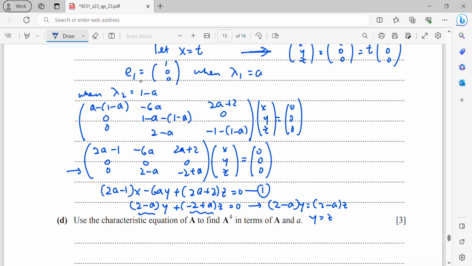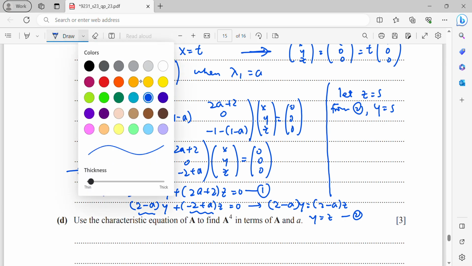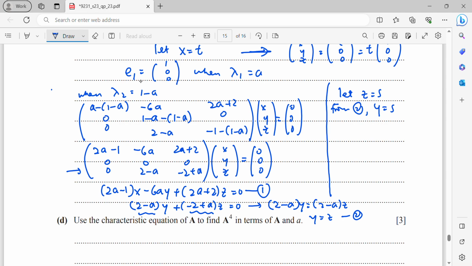Then now I continue this side. So now I will let my z be s. Then this is my second equation. Then from the second equation, my y is s as well. Okay, then from here I can find my x. So substitute into the first.